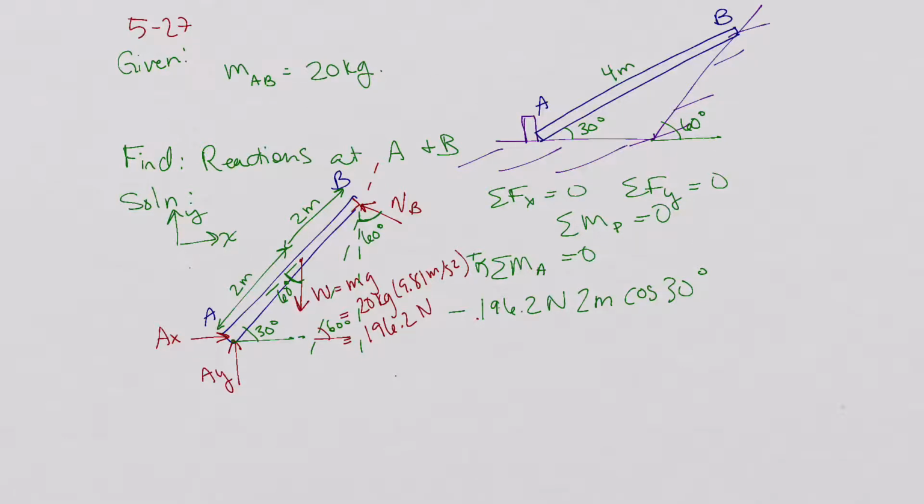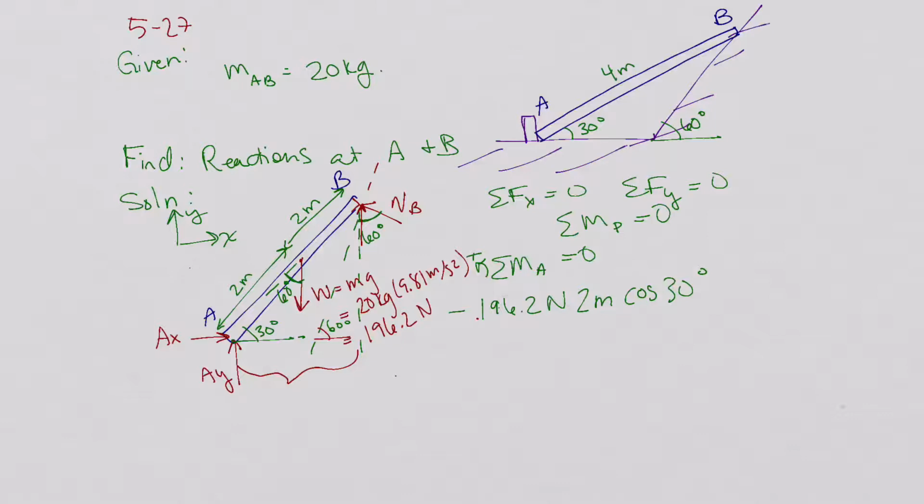And then we have the NB, which will also influence us. So with NB, let's take the y component of NB. So that one's going to be going in this direction. And then we'll need this distance again, or this distance this time.